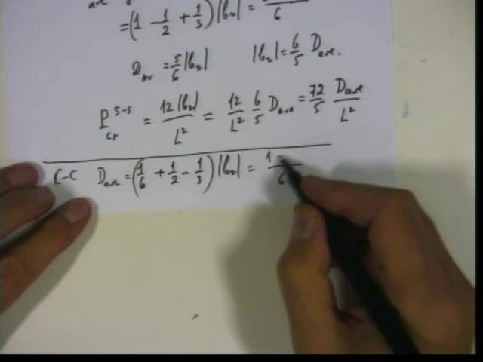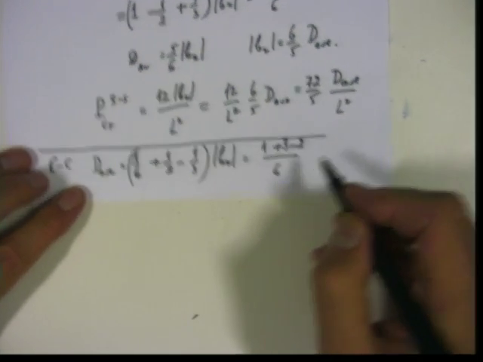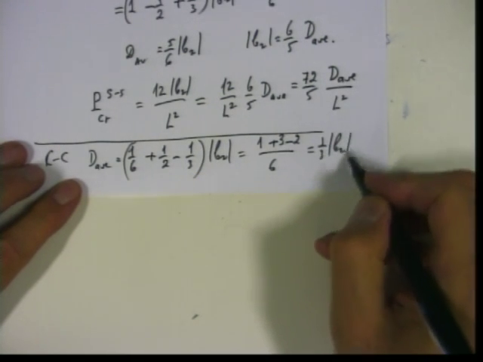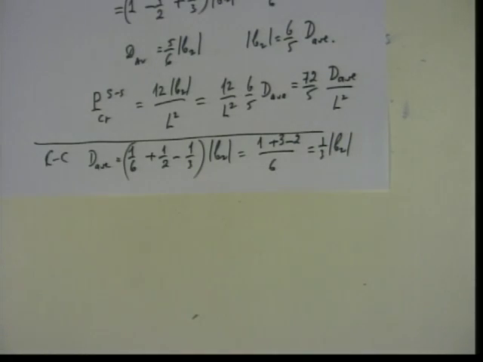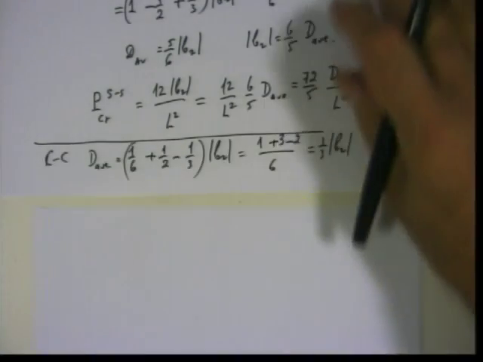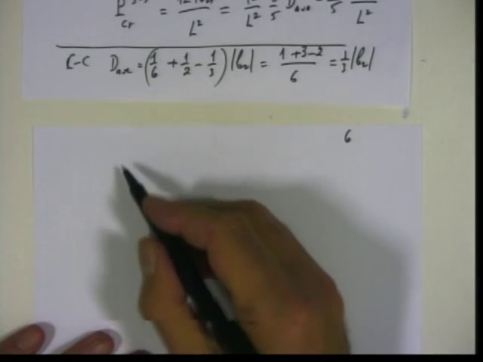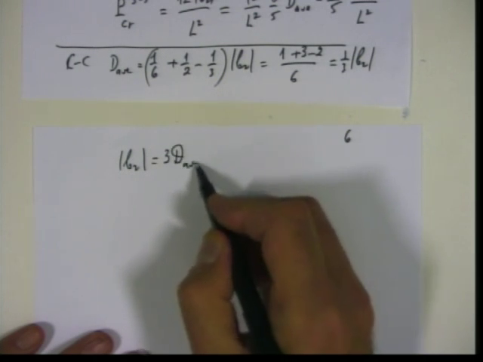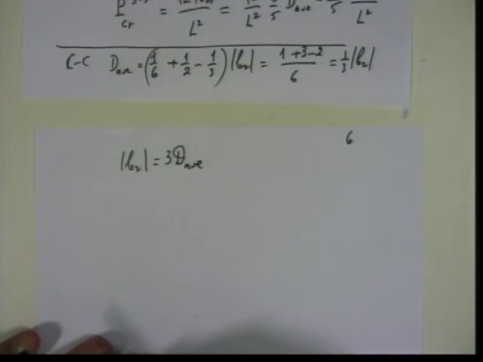That is 1 plus 3 minus 2, 2/6, so 1/3 b2. So what we get then is as follows. b2 equals 3 times the average. I hope you are paying attention, and I hope that I'm not making mistakes.